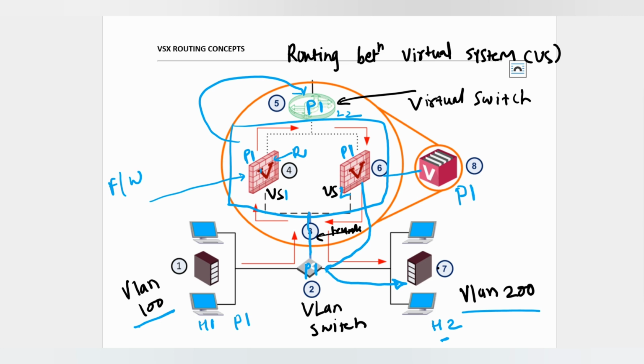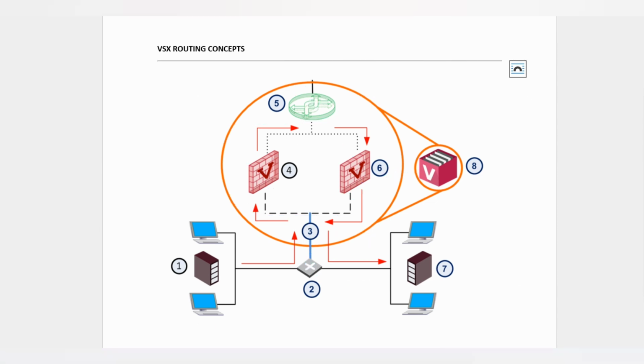Now we understand the packet flow. Let's understand route propagation.